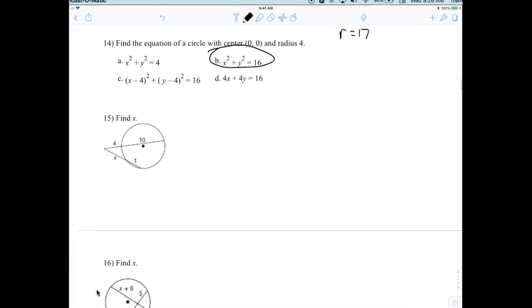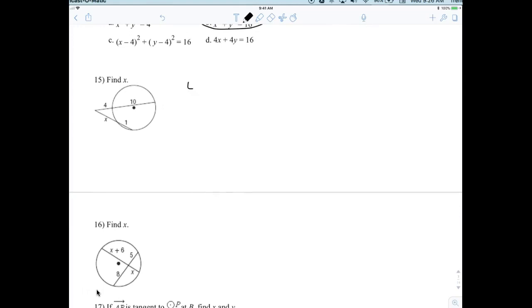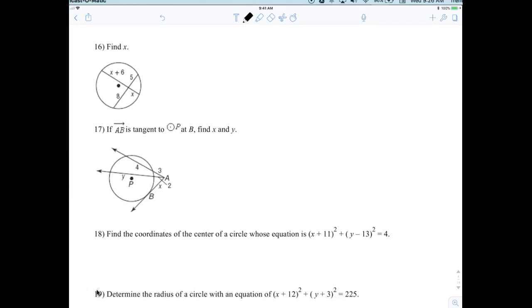All right. Now, number 15 again. 4 times 14 is equal to x times x plus 1. Again, practice solving that. 16 is another good one: x times x plus 6 equals 5 times 8.